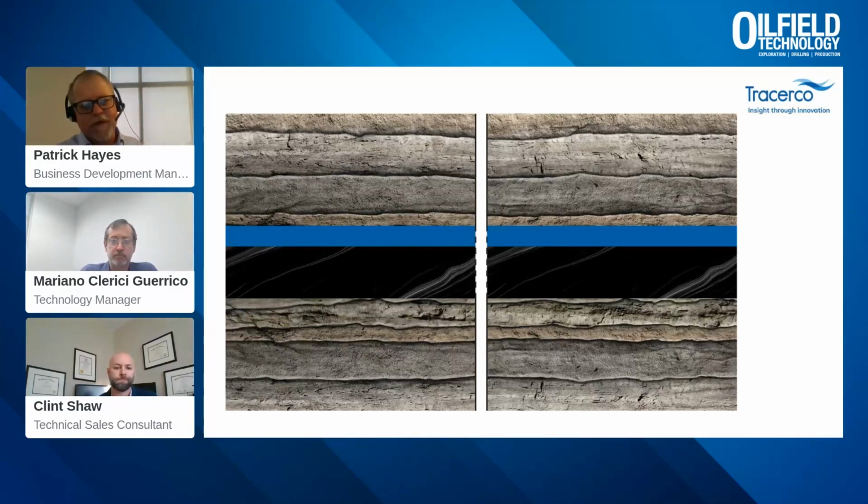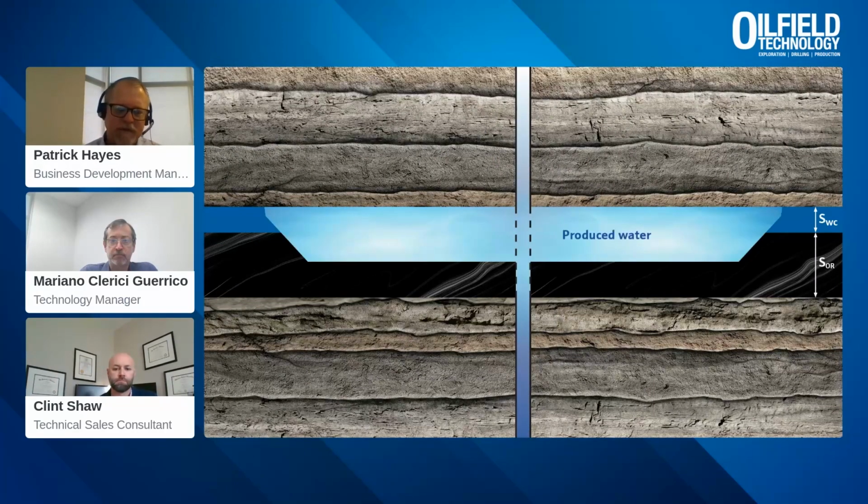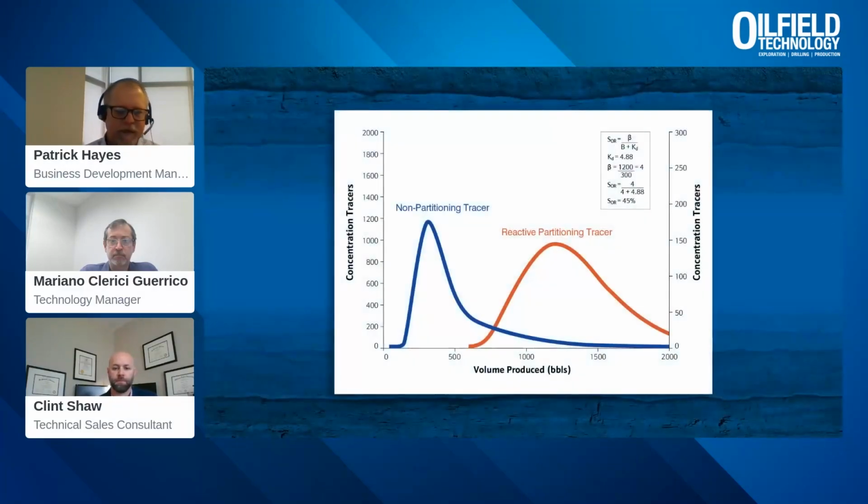I think a picture's worth 1,000 words. This video is going to show that process in which we were discussing. A displacement of mobile oil, the injection of a fixed volume of tracer, the creation of our partitioner, and the subsequent recoveries that determine that remaining oil saturation measurement.